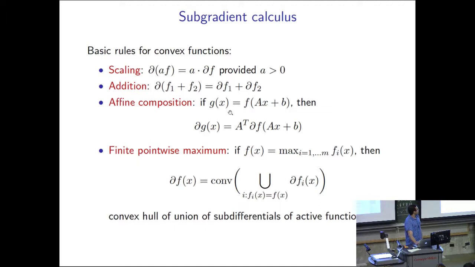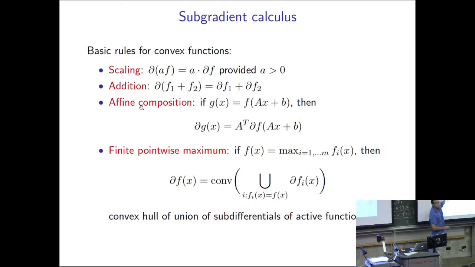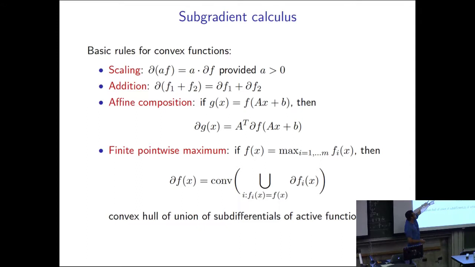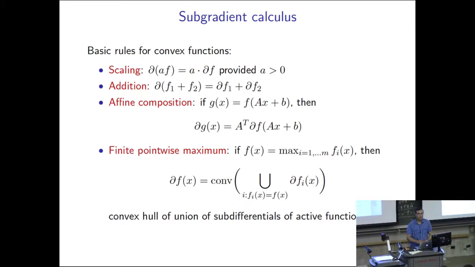So just like we have the chain rule for gradients, we have a kind of chain rule for subgradients. But for simplicity, I'm just presenting it to you when you compose a function with an affine function. So if you have a convex function f and I'm composing it with an affine function Ax plus b, and I'm calling that function, let's say, g, then the subgradients of g are just A transpose the subgradients of f evaluated at Ax plus b.